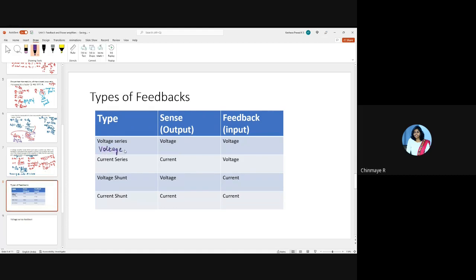If the input to the amplifier is current and the output is also current, then we call that a current amplifier.